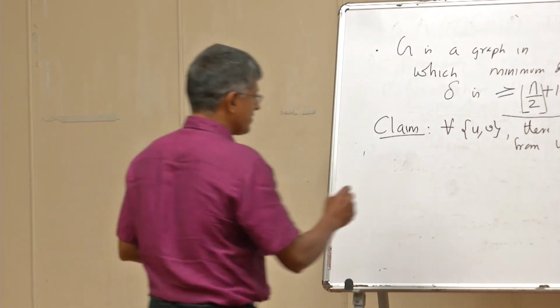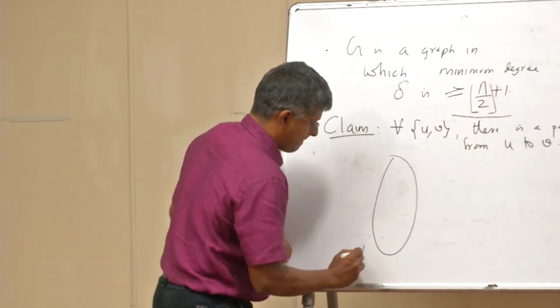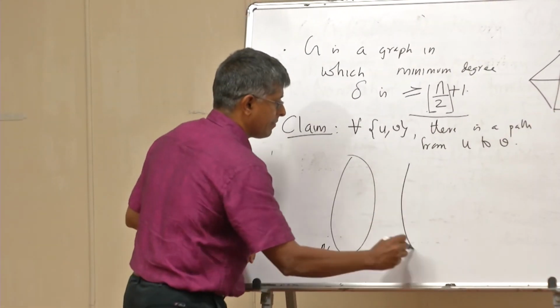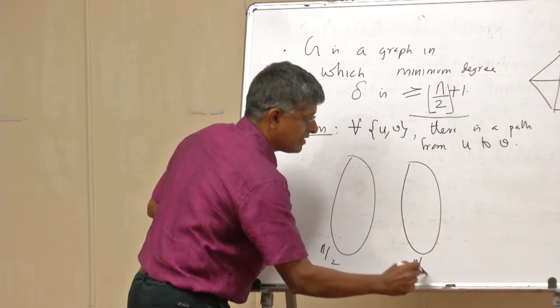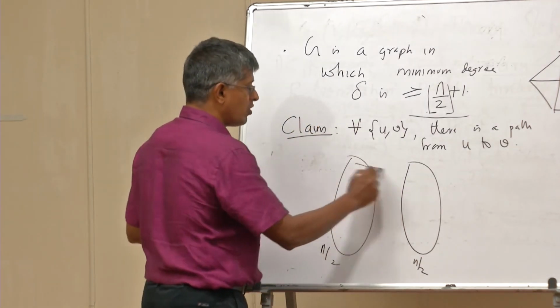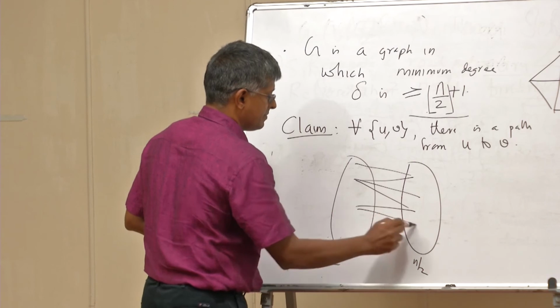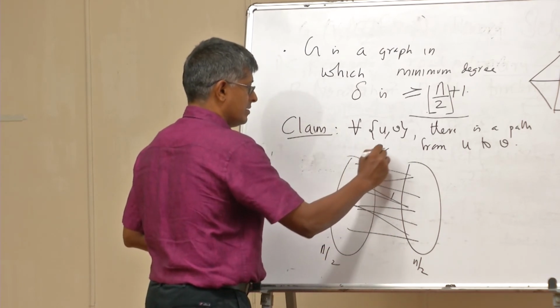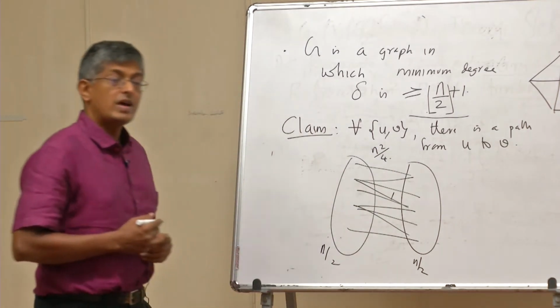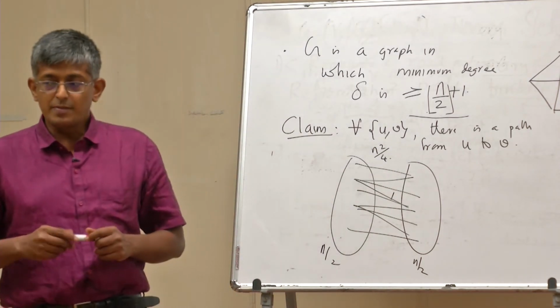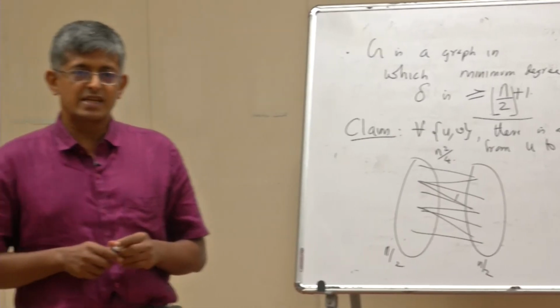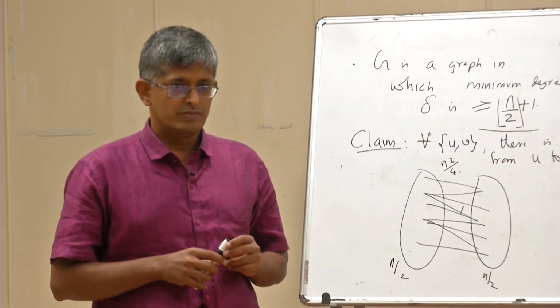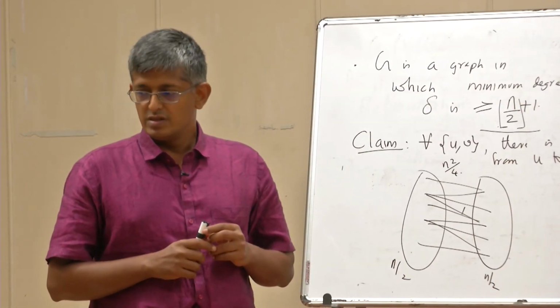So here is the graph. Let us assume n is an even number; split the vertices into two halves of n by 2 each and put all the edges between the left and the right. I put n square by 4 edges. Remember, the maximum number of edges possible in a graph is n into n minus 1 by 2, that is, NC2.